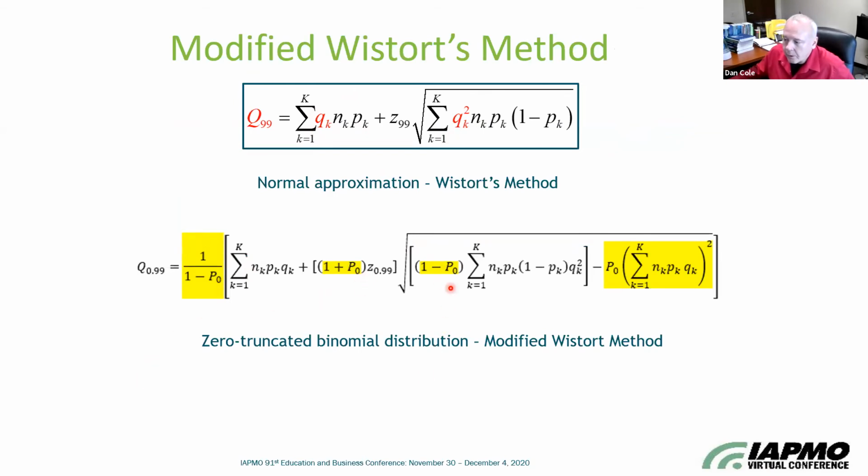So this is accounting for stagnation. And this is called a zero truncated binomial distribution because we are truncating, we are removing the zero flow probabilities out of the distribution because we don't design for no flows. We are designing for peak flows during peak hours.